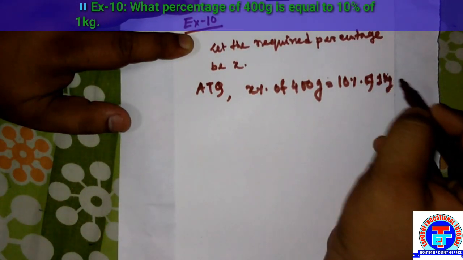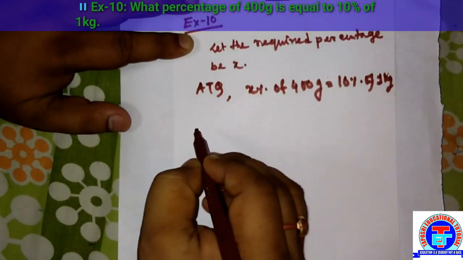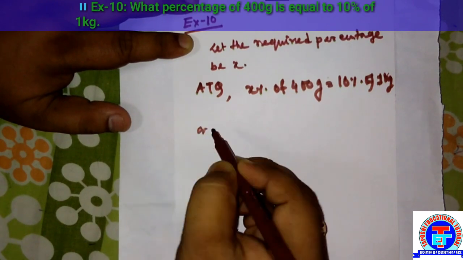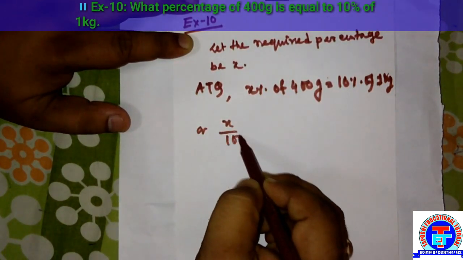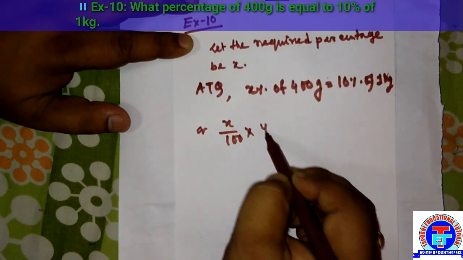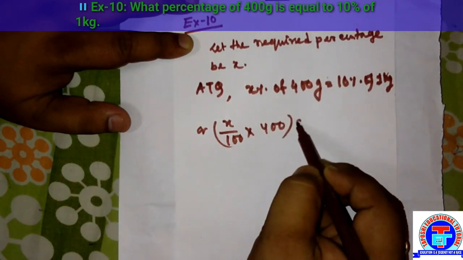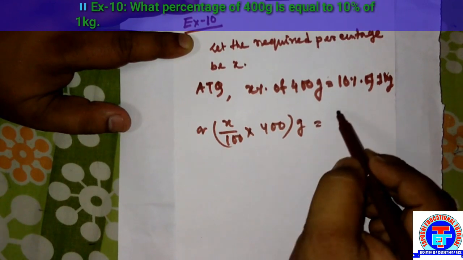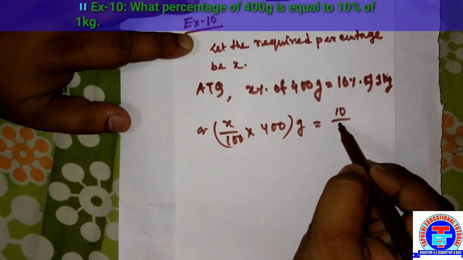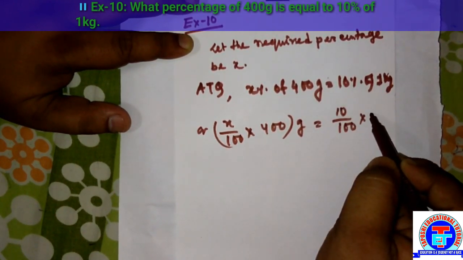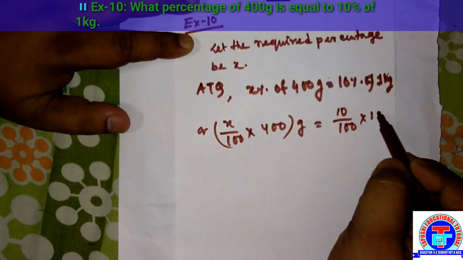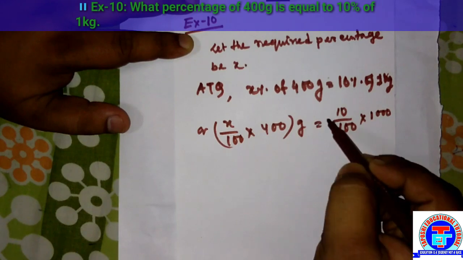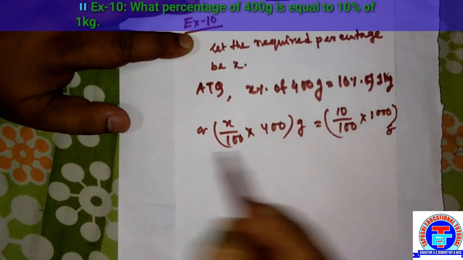Now here, we write x by 100 into 400 gram is equal to 10 by 100 into 1, it will become, converting to gram, 1000 gram.